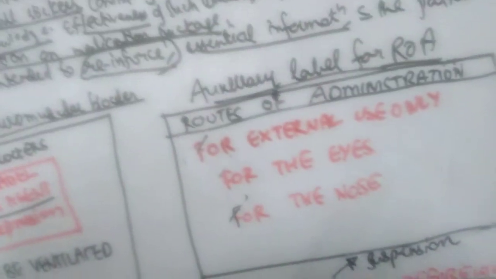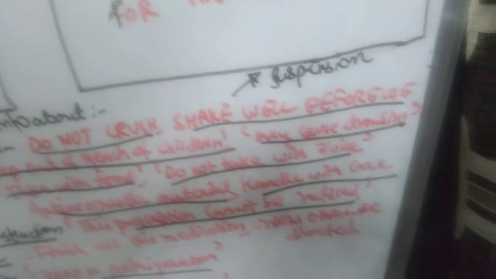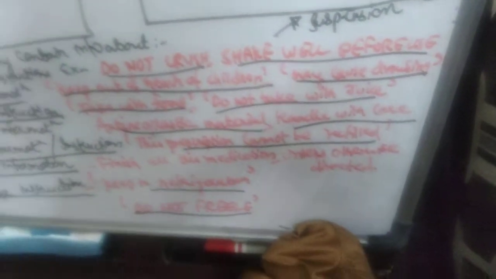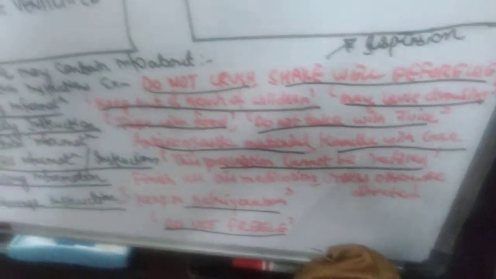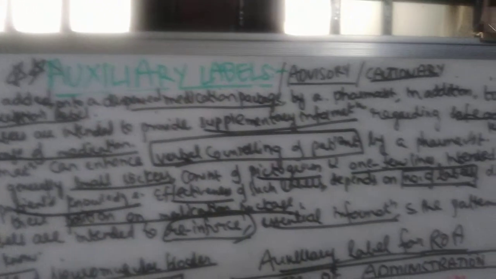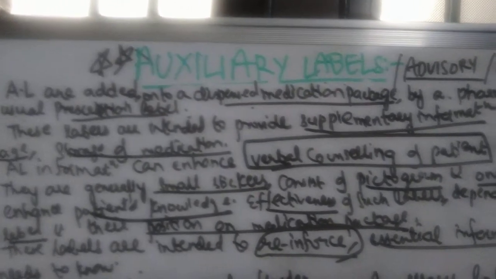The routes of administration, for example, how to administer tablet dosage form, suspension dosage form, with which food to take, how to avoid that, how to keep it away from children. All this information has been provided with your auxiliary label. They are added to a dispensed medication package by a pharmacist in addition to your usual prescription label.